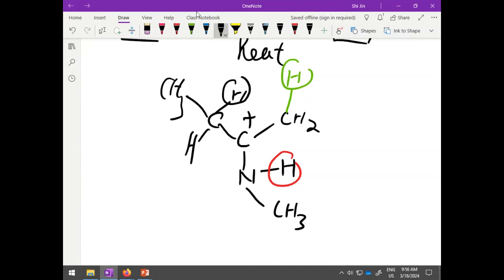If the reaction is controlled by kinetics, which proton is most likely to leave depends on which proton is most acidic. Out of those three protons, the red one, green one, black one, which one is most acidic? The black one and the green one, any argument that makes their acidity different?